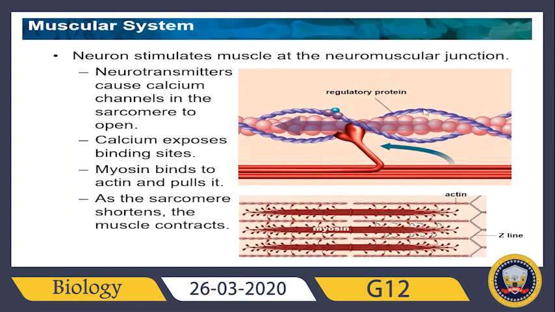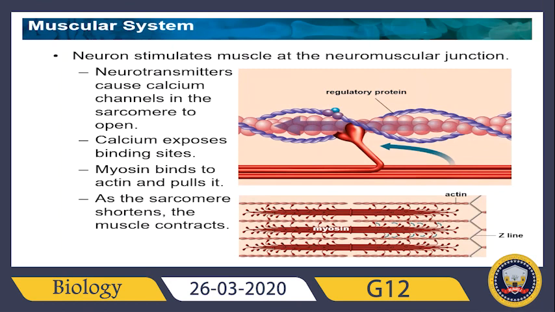Let's take a look here. This is the site where the actin connects to the myosin. There's a regulatory protein which causes the calcium channels to open. Calcium will expose binding sites. Myosin binds to actin and pulls it. As the sarcomere shortens, the muscle contracts. Okay? This is how the contraction happens, guys.